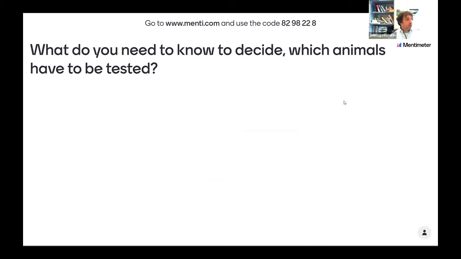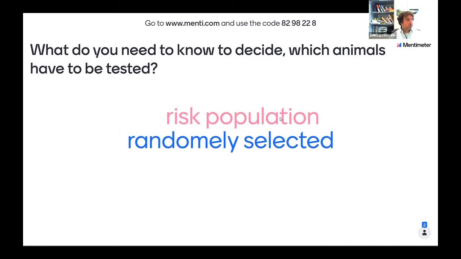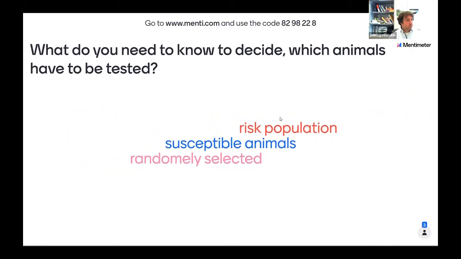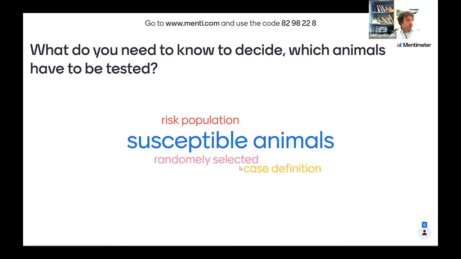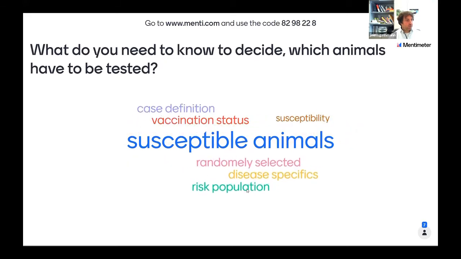And which animals have to be tested? What do you want to know? Think about different diseases, all the examples this morning with mastitis. Okay, I can see here randomly selected, case definition, yes, and the risk population.